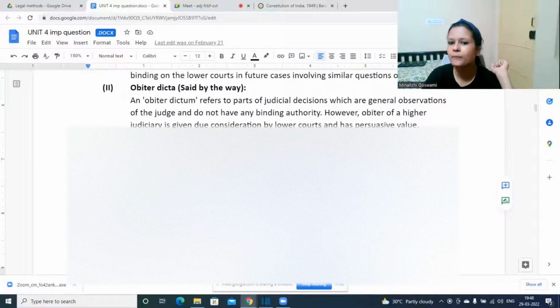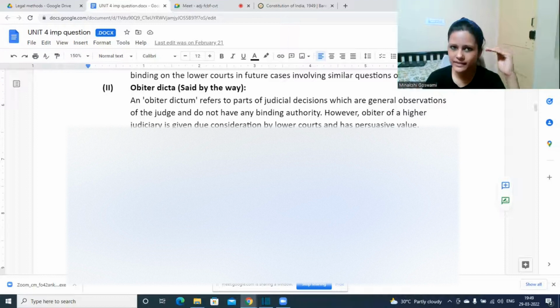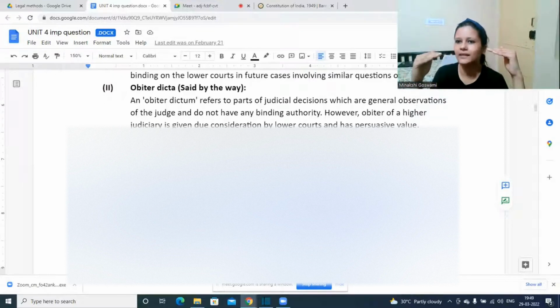It is important to note that the Supreme Court is not bound by its previous decisions, with an exception that smaller benches are bound by decisions of larger benches, and that is for co-equal benches. So if a decision is given by the Supreme Court, the Supreme Court is not bound by its own decision because it's at the same level.